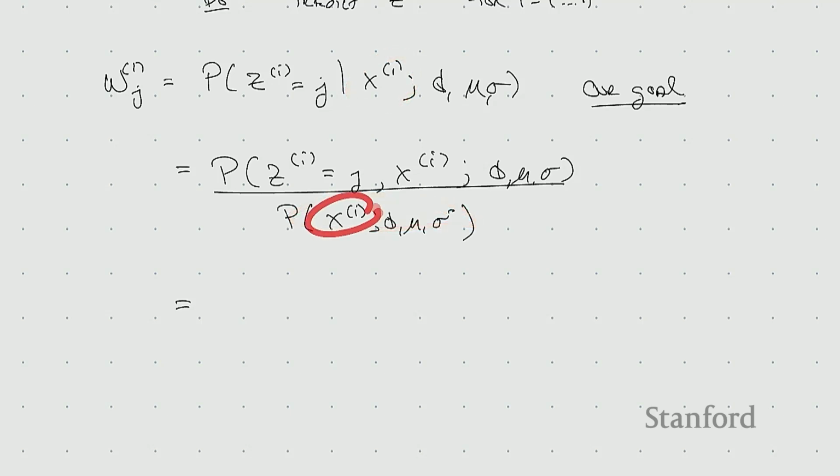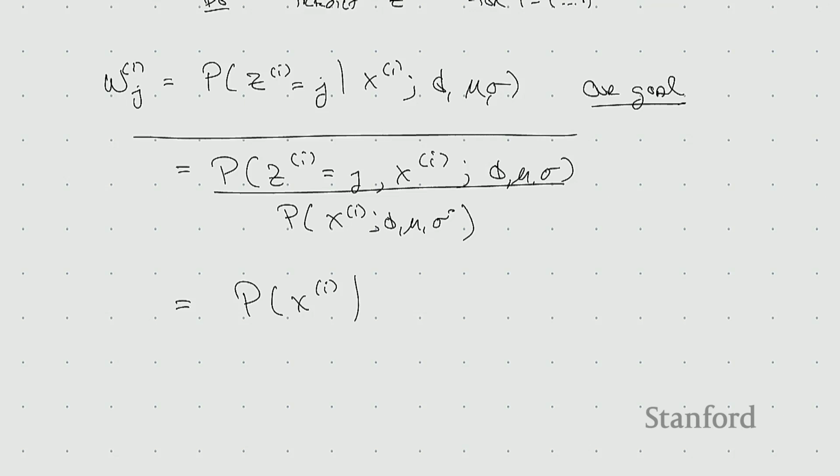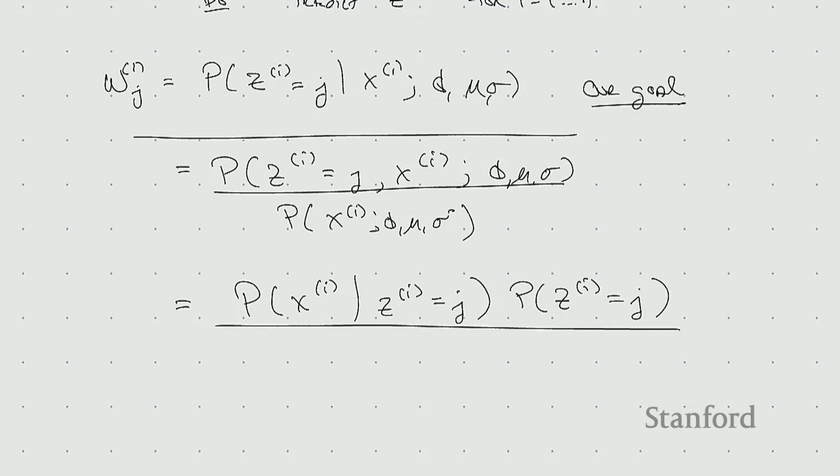So this is the likelihood of the data being generated with this component, and then these two things being jointly done together. Then I factor them out as I sum over all of the different probabilities. So this is going to be equal to the probability of x_i given z_i equals j, times the probability of z_i equals j, over the sum.